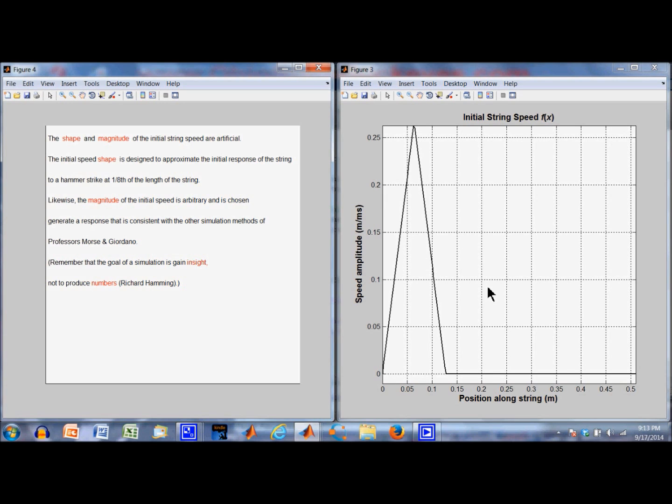It's chosen such because it gives results that match other simulation results and also other physical results. The magnitude of the speed, again, is scalable, so it doesn't really make any difference. Again, remember that the object of this simulation is to gain insight.